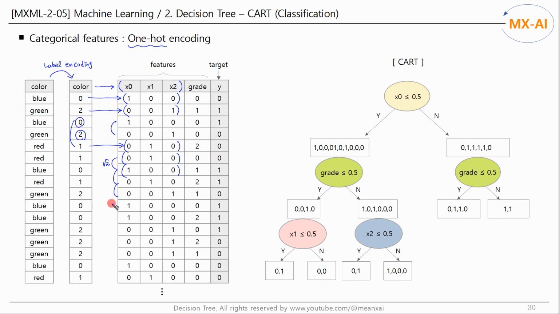Therefore, since these vectors are all independent, one-hot encoding is suitable for nominal variables. Using these features, we can create a CART tree as follows. We will take a detailed look at how to create a CART tree by finding the best split features and best split points in the next video.